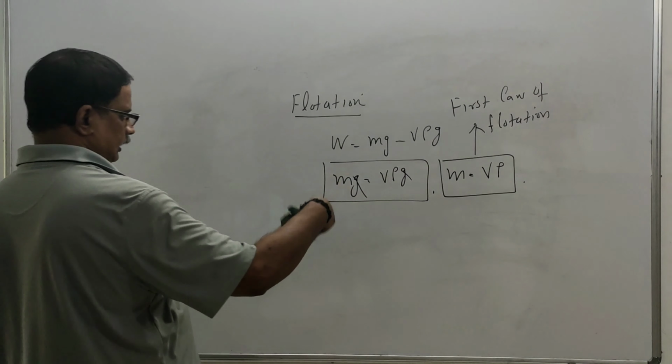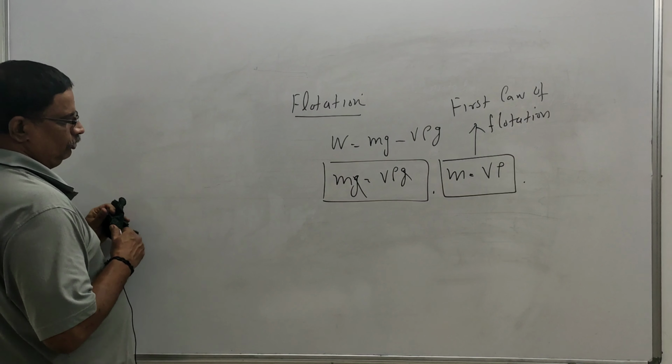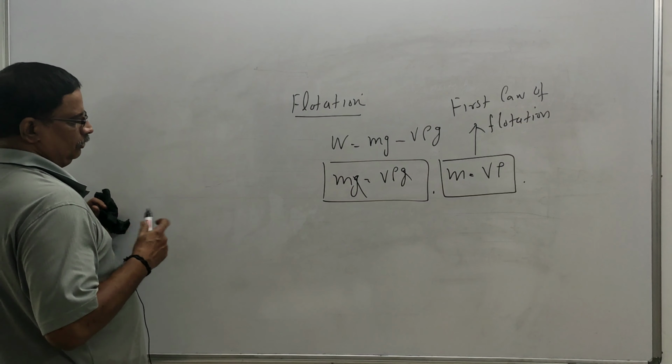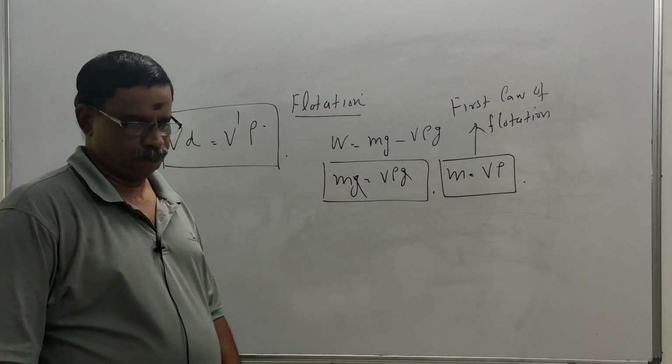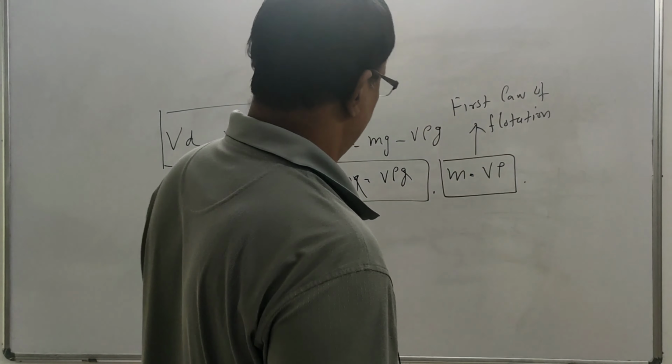Now I will rewrite that equation. m equal to m dash. Now for m, I can write V into D, where V is the volume of the body and D is the density of the material of the body. And this will be written as V dash into rho. There are some different possibilities here.